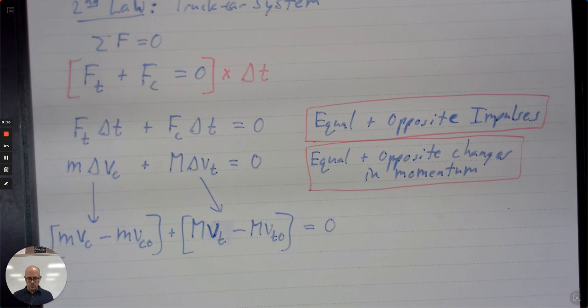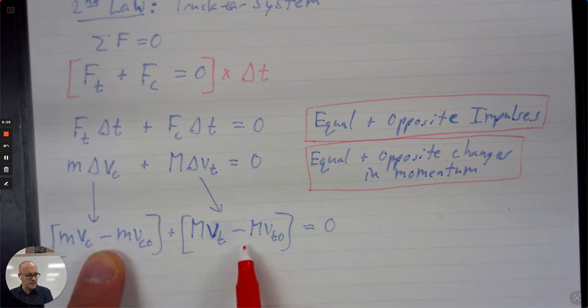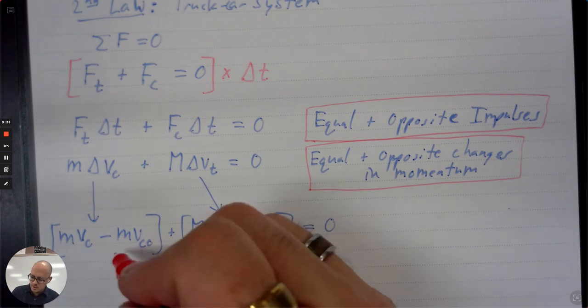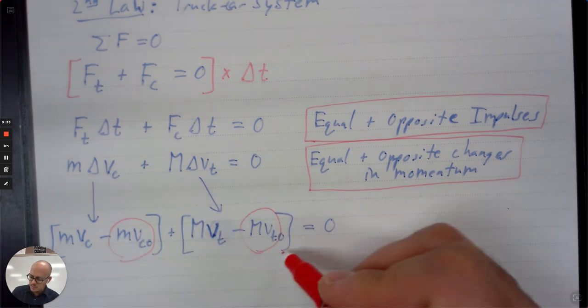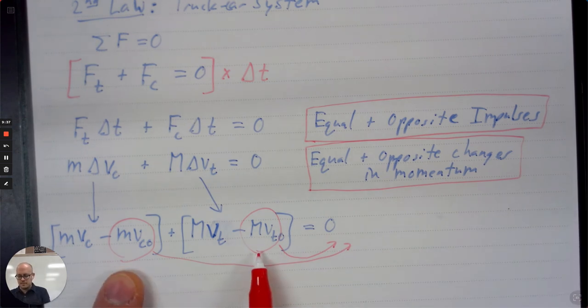To work with this equation, I'm going to play a little bit of a trick here and just talk you through the algebra that I'm doing and the way I'm manipulating the equation. These terms on this side of the equation are negative, so I'm going to take these terms, bring them over here by adding them to both sides, and then I'm going to just flip the equation around.